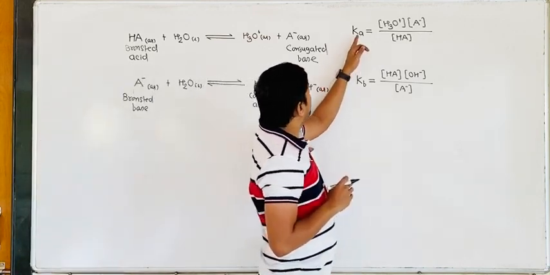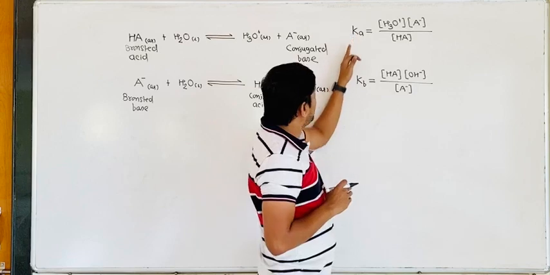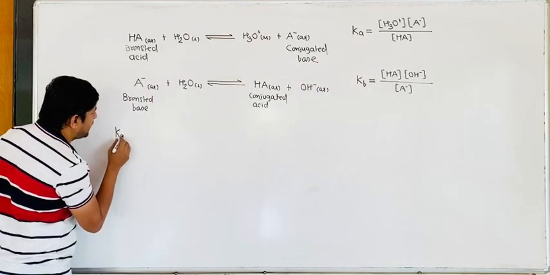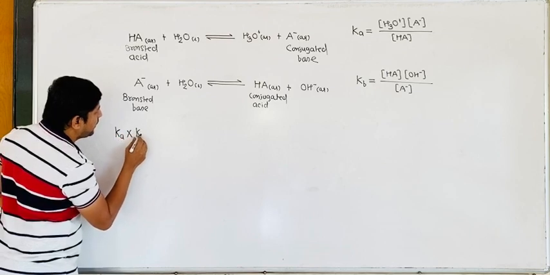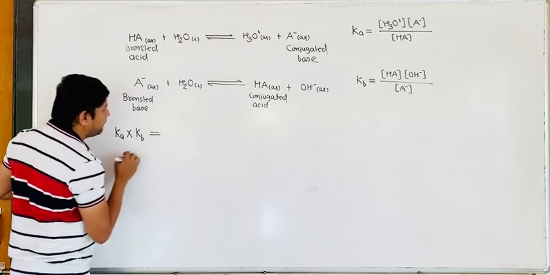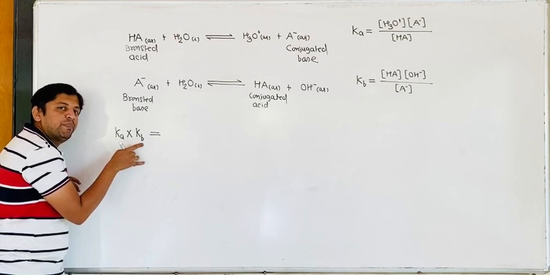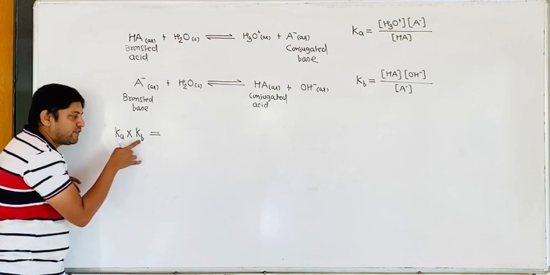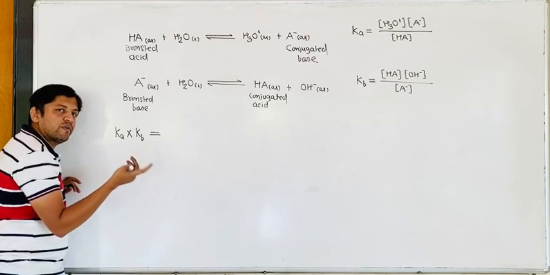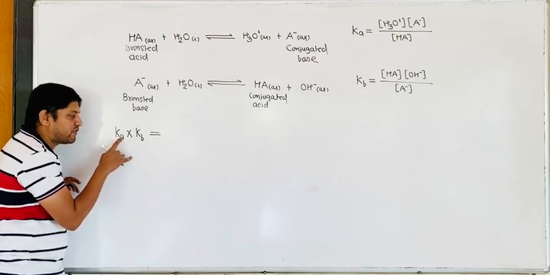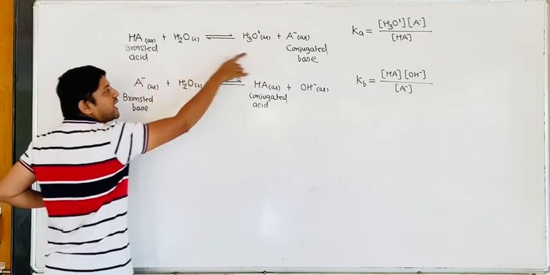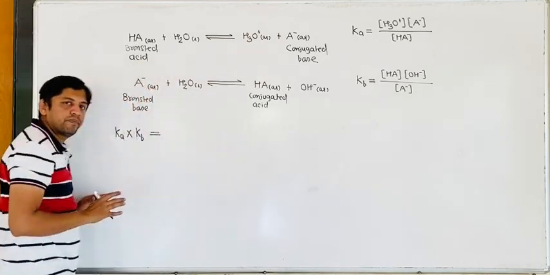Now let's take multiplication between Ka and Kb. Ka and Kb represent dissociation constant of acid and its conjugate base, or dissociation constant of base and its conjugate acid. So Ka and Kb stand for conjugate acid base pairs.